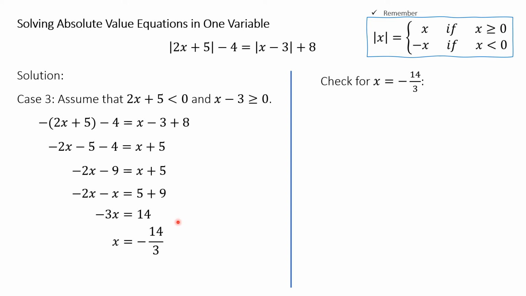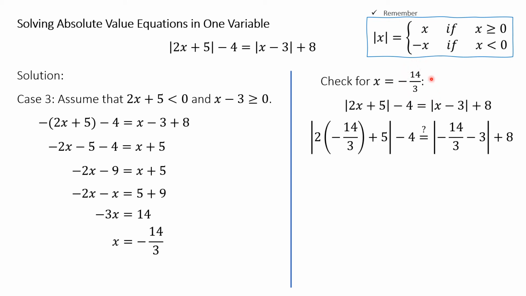So checking for x equals negative 14 over 3. Substituting this value in our equation, we'll have the absolute value of 2 times negative 14 over 3 plus 5 minus 4. Is this equal to the absolute value of negative 14 over 3 minus 3 plus 8? If we simplify each side, we will get the absolute value of negative 13 over 3 minus 4.